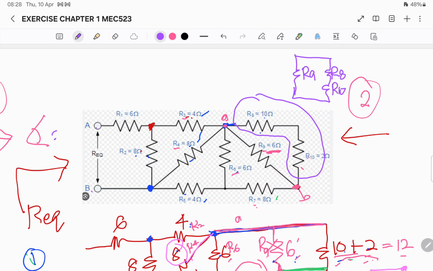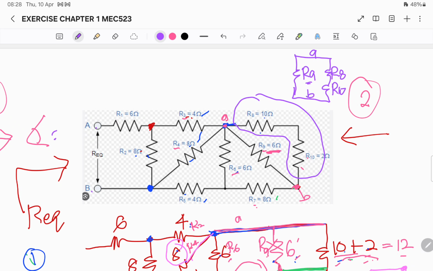In your head you can already imagine it. Actually it is like this, you can pull it, and when we pull and turn, it becomes like that. So R9 is placed sideways, and we can have it vertical like this.